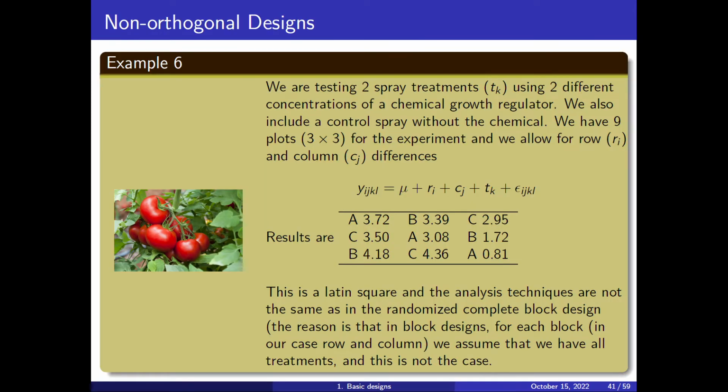So let's say that you are interested in the growth of tomatoes, and you are interested in the application of two treatments that are using different concentrations of a chemical growth regulator, and you will also include the control spray.